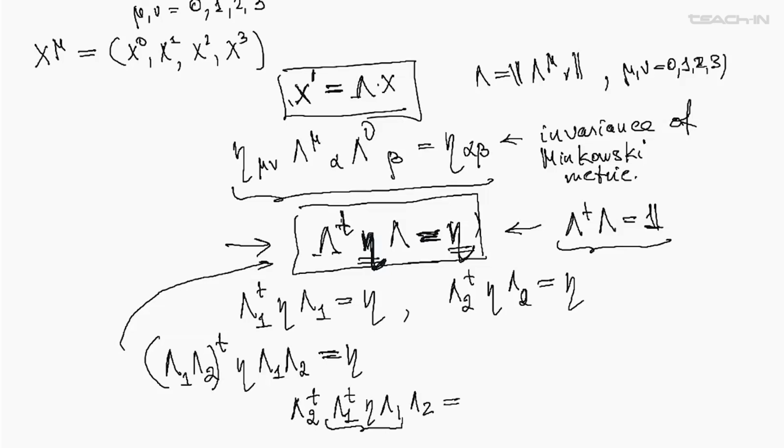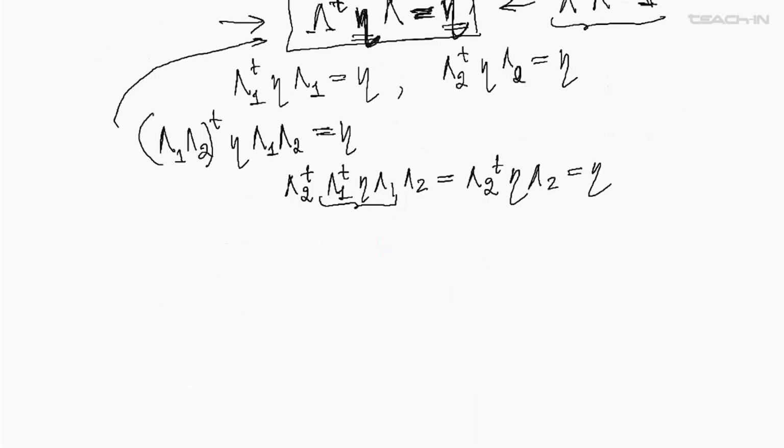And now you use the defining relation for lambda2, and we know that this is eta. And so indeed, the product of two Lorentz transformations is again a Lorentz transformation. Now, the identity matrix would be just a trivial Lorentz transformation. So it's the identity in the group.